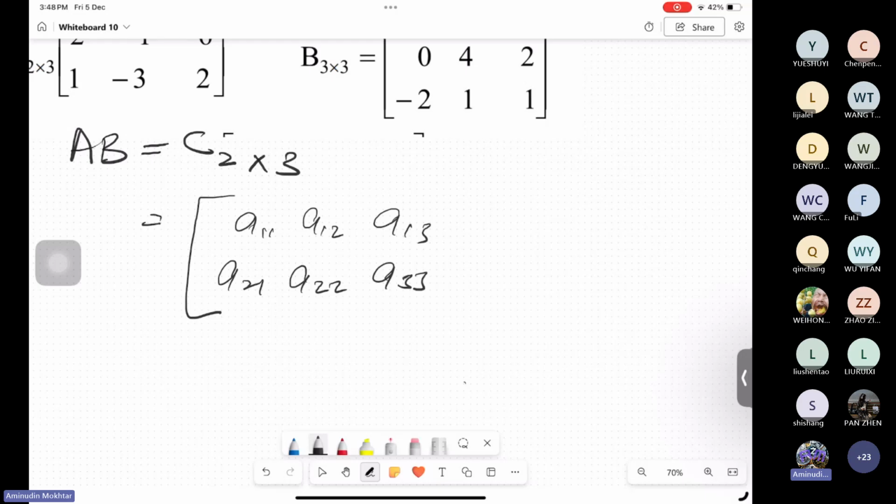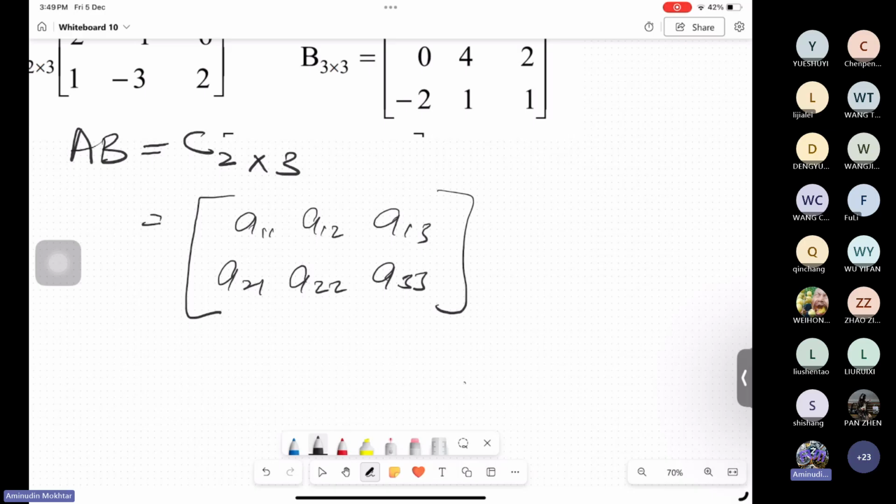That's the description, the nature of matrix C. There are 2 rows and 3 columns, so in total 2 times 3, 6 elements. Now we need to find what is a11, a12, a13, a21, a22, and a23.